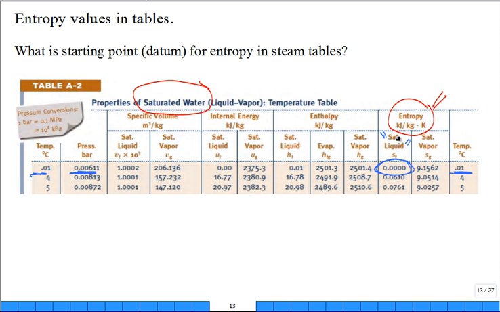What point is that? I know the datum point, but there's also a different name for that particular point. The triple point. So saturated liquid is given an entropy value of 0 for water at the triple point. That's for water.